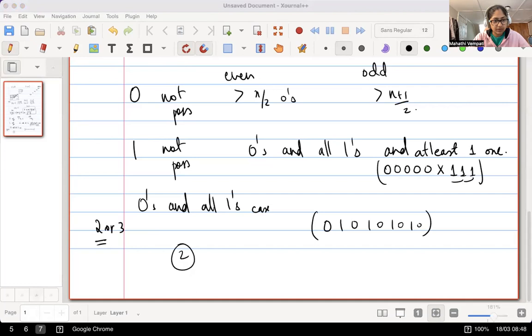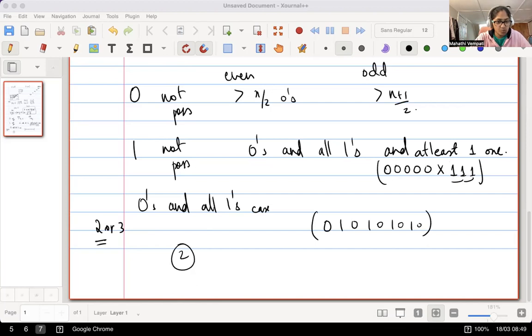So for example, in the 0, 0, 1 case, greater than n plus, no, so this you can get as 0, that's fine. In the last case, 1, 2, 3, 4, 5, 1, 2, 3, 4, 5, 6, 7, 8, 5. Yeah, greater than n by 2 zeros, so 0 not possible. And then, is it all zeros and ones?